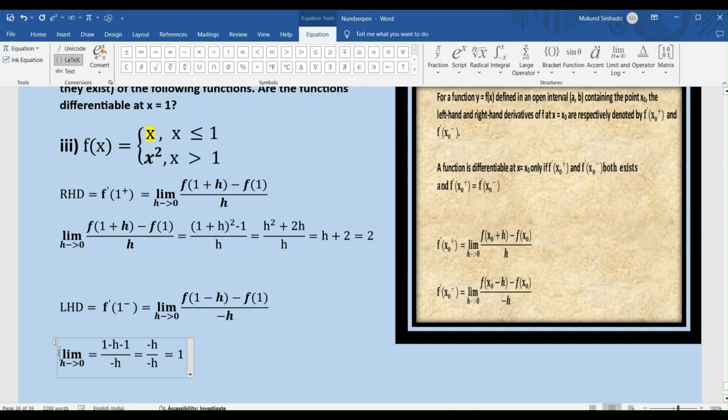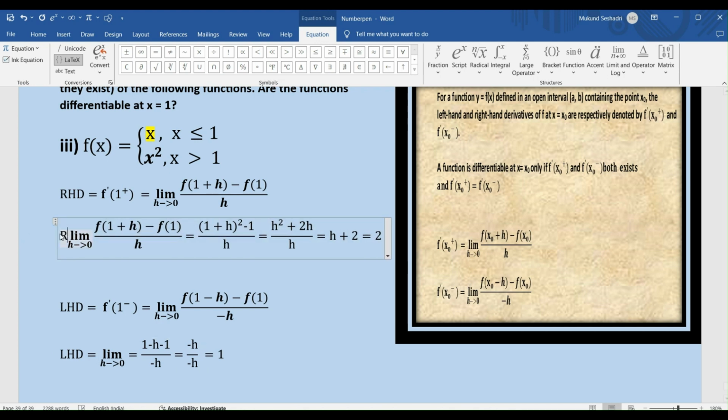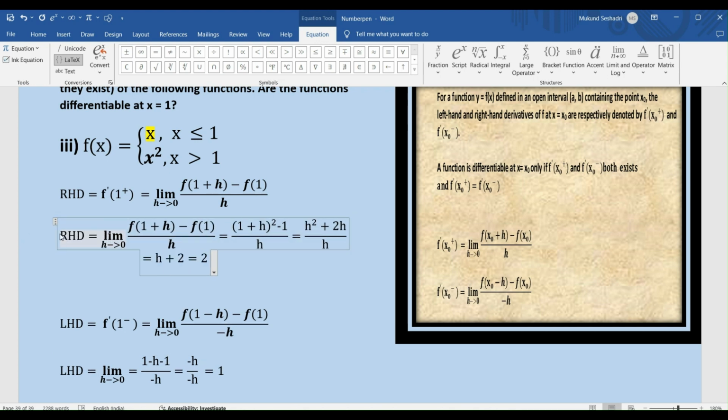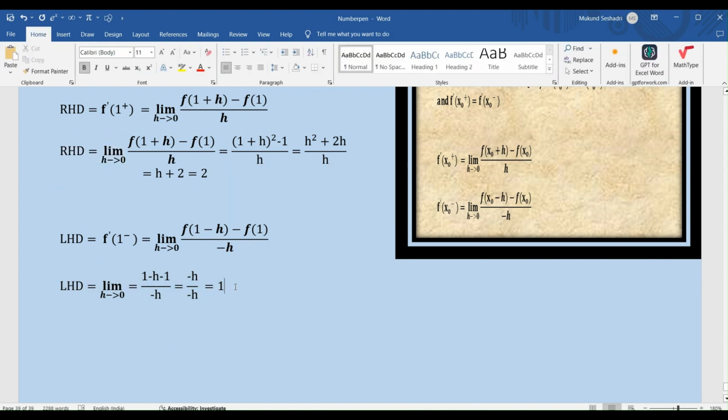So my LHD is equal to 1 and my RHD is equal to 2, right? And what does that mean? My LHD not equals RHD, right? And therefore the function is not differentiable at x equals 1, right?